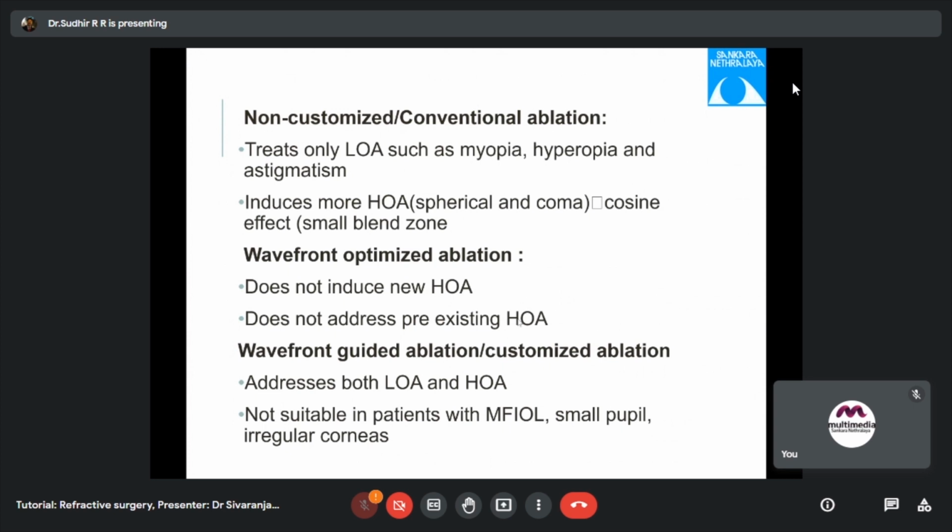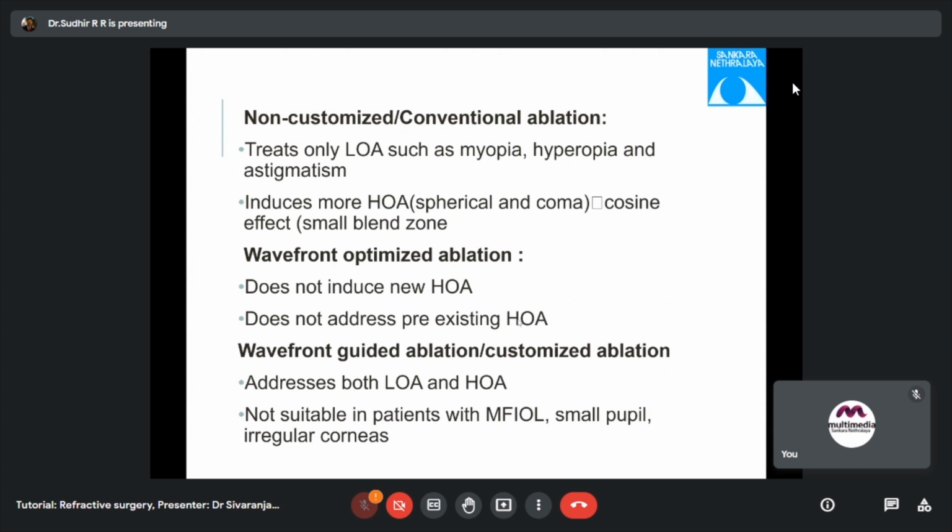What type of laser beam is it? The current latest advanced laser procedure uses what type of laser beam? Any fellows? What was the initial laser when it came into existence? Yeah, it's a broad beam. The entire laser was delivered as a single beam.